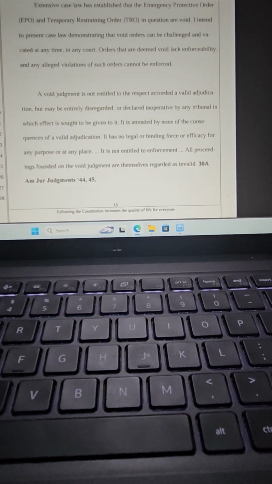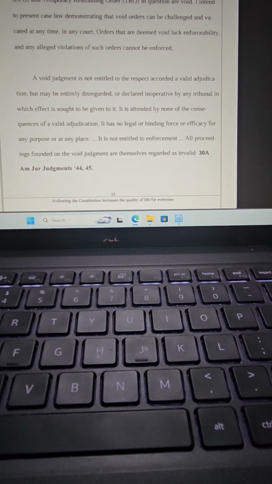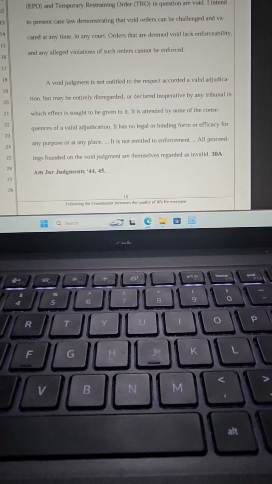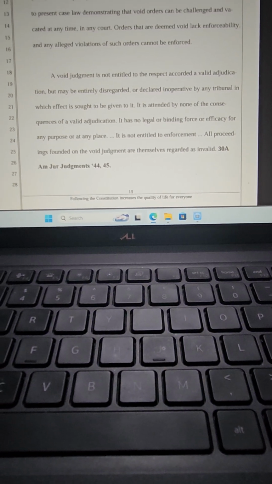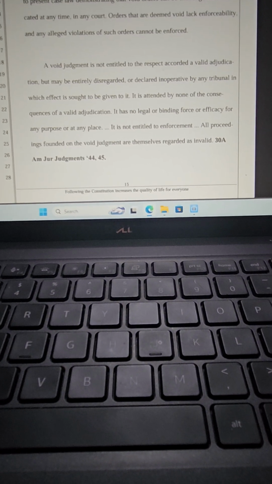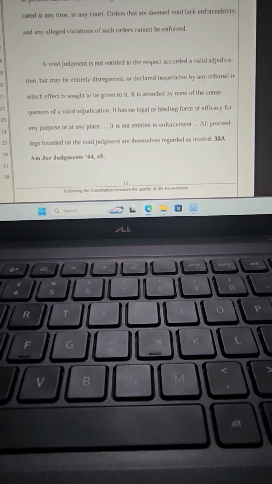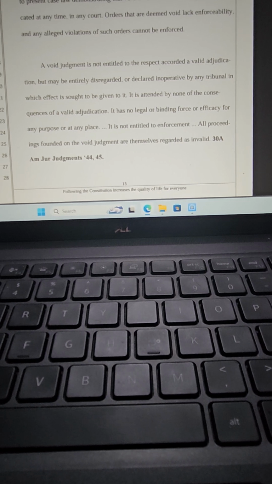A void judgment is not entitled to the respect accorded a valid adjudication, but may be entirely disregarded or declared inoperative by the tribunal in which effect is sought to be given to it. It is attended by none of the consequences of a valid adjudication. It has no legal binding force or efficiency for any purpose or any place. It is not entitled to enforcement.